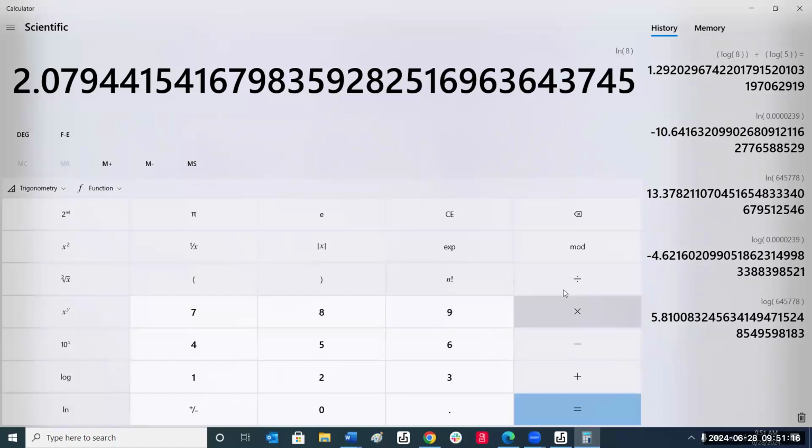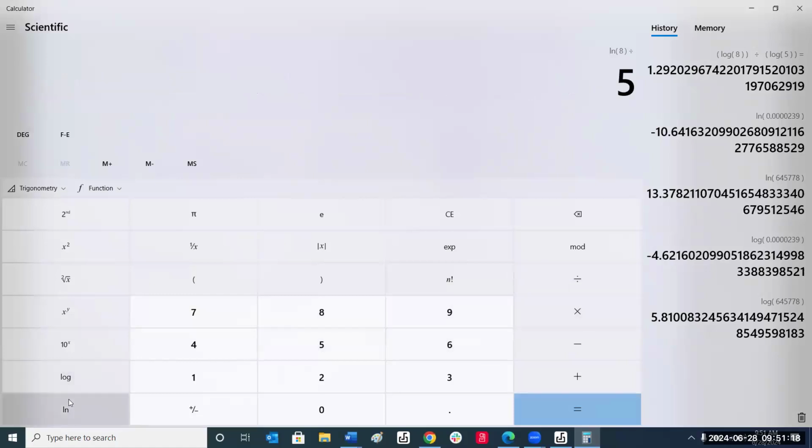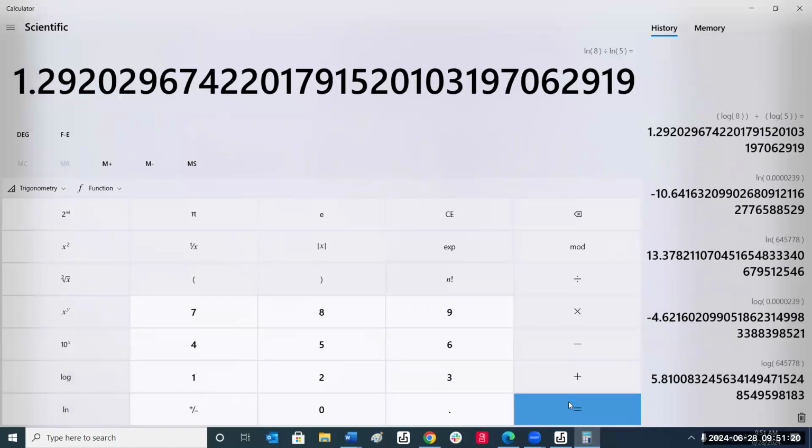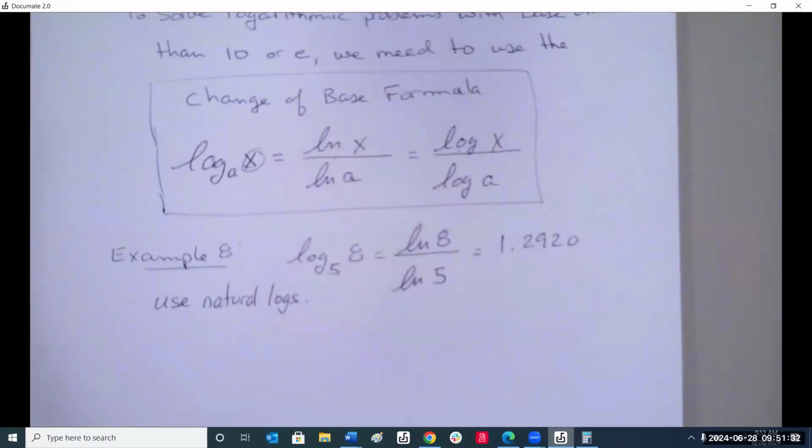Ln 8 divided by ln 5. Same thing, because it's the ratio that's important. Since the fraction is the same numbers, it'll give us proportionally the same answer.